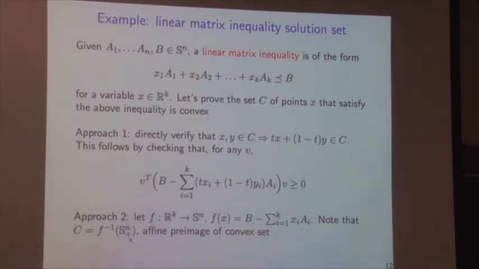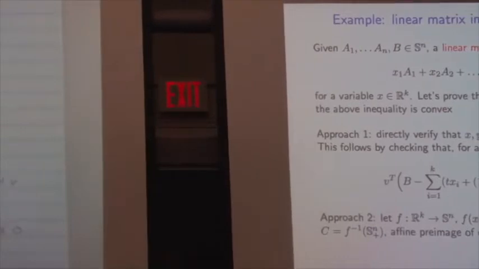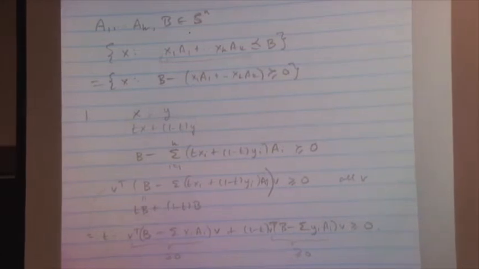So I'm looking at the set of all matrices that are positive semi-definite. Let me define this function of x to be B minus the sum of x_i A_i. It's an affine function. This set is exactly the affine preimage of the positive semi-definite cone. The positive semi-definite cone is convex, and affine preimage preserves convexity. So we're done.